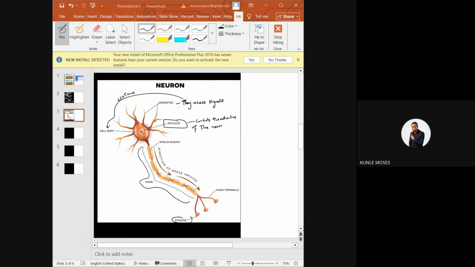So you can make that better in your notes. The axon carries the messages away from the cell body to another neuron or muscle.